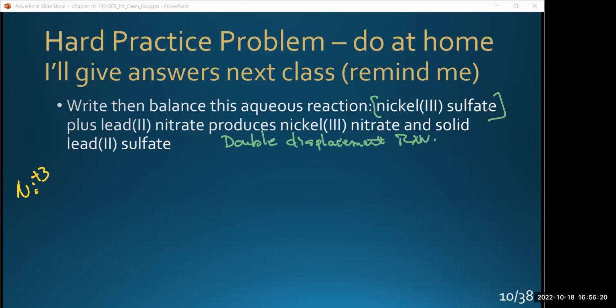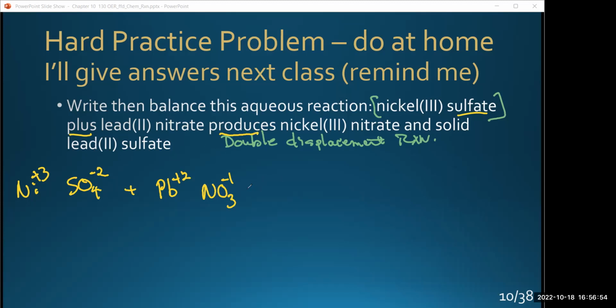Remember that? Sulfate. Well, I direct you to the polyatomic ion table. That is SO4 negative 2. Plus means, just like it sounds like, plus. Lead 2, so we're working with Pb plus 2, and then the nitrate, which is NO3 minus 1. Okay, again, I send you to the polyatomic ion table.